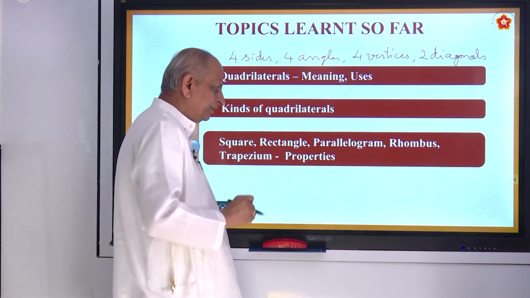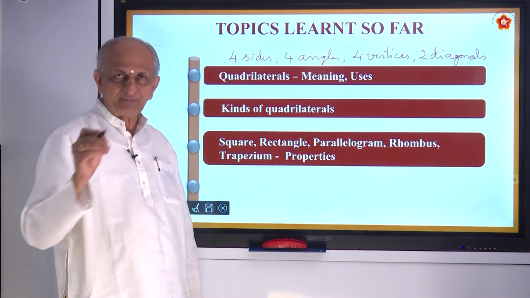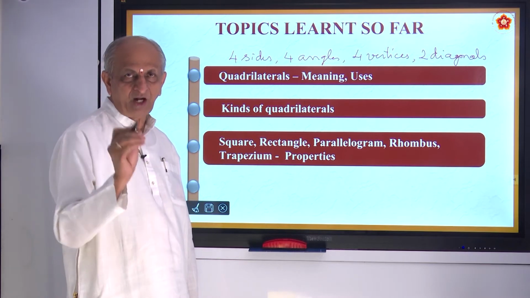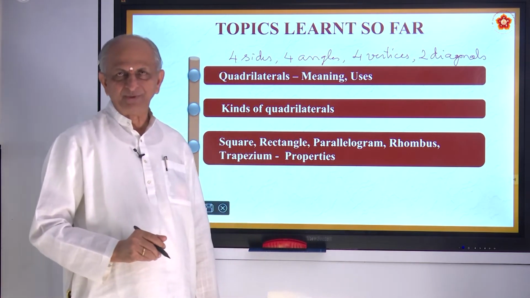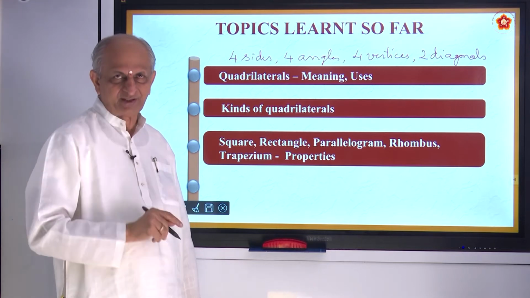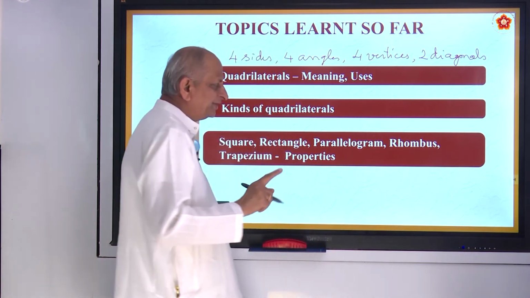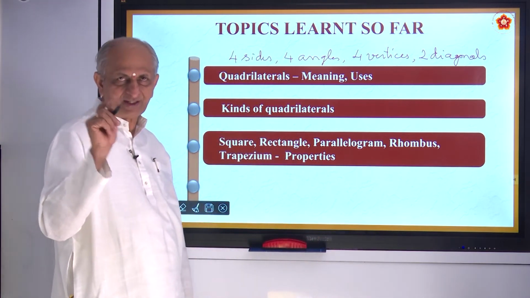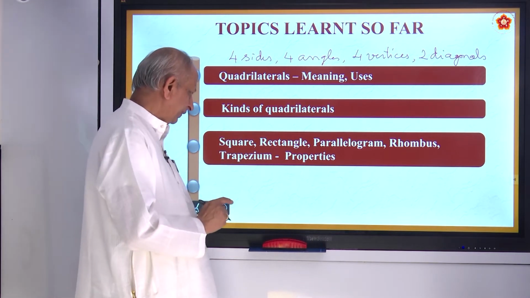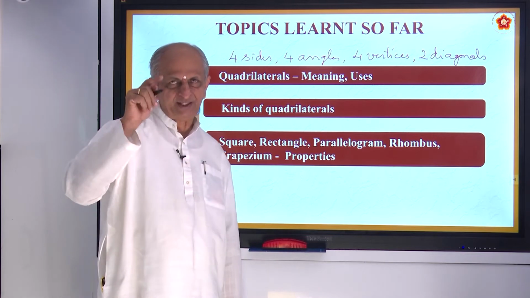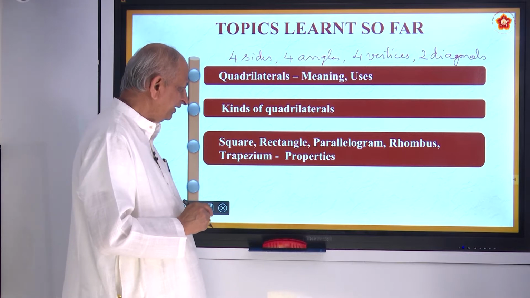In a rectangle, opposite sides are equal, opposite angles are equal, all angles are 90 degrees, 2 diagonals bisect each other, but not at right angles. Parallelogram, opposite sides are equal, opposite angles are equal, 2 diagonals bisect each other. Rhombus, all the sides are equal, diagonals bisect each other at right angles, but diagonals are not equal, opposite angles are equal. Trapezium, one pair of sides is parallel. So, these are the properties, we have already seen them.